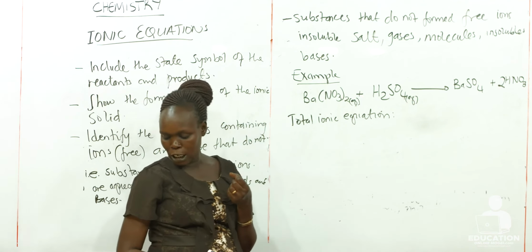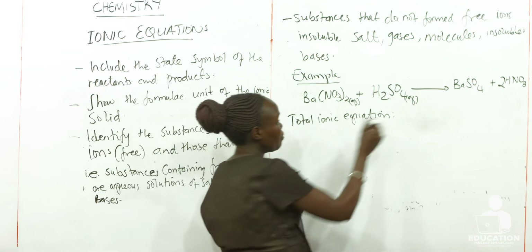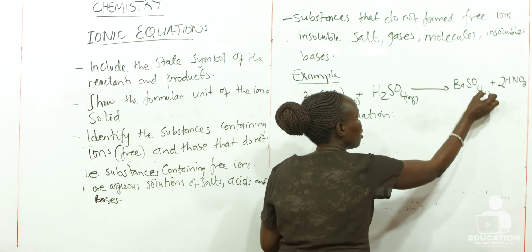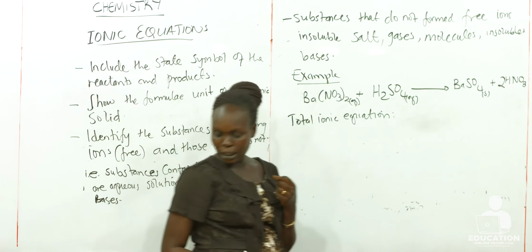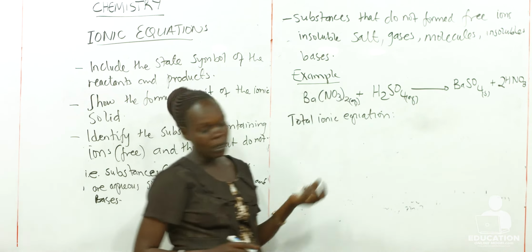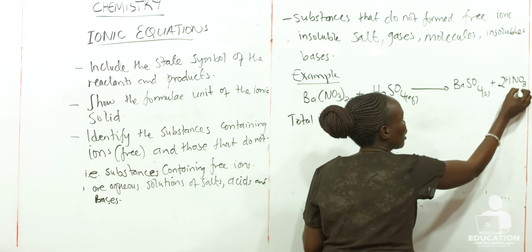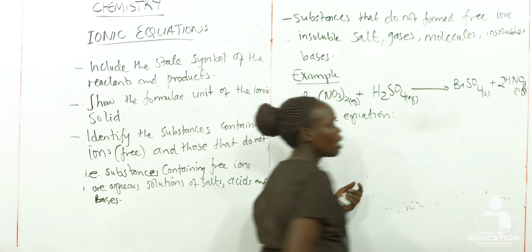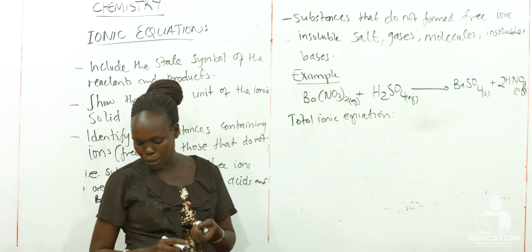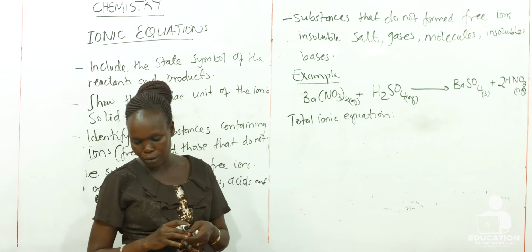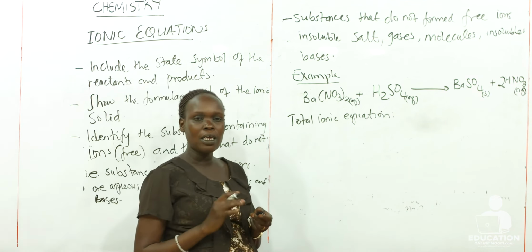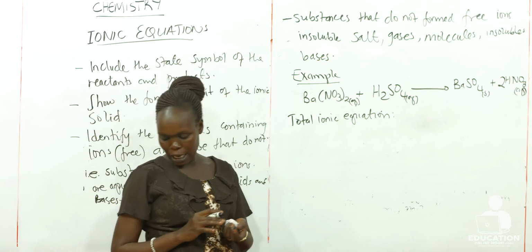Barium sulfate is solid, so in this case it is not going to form free ions. We can have nitric acid as aqueous because it is an acid, and we consider it as one of the substances that can dissociate to form ions.